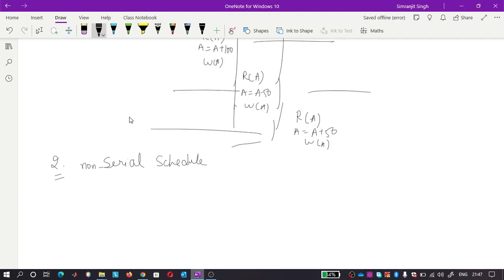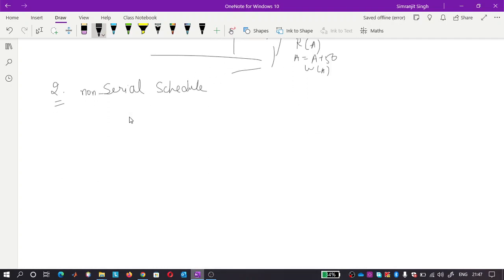Non-serial schedule. Okay, suppose again we transfer 50 rupees. Now you're interleaving this transaction. You are again reading the value of A, writing the value, and you're adding 100 rupees to it.